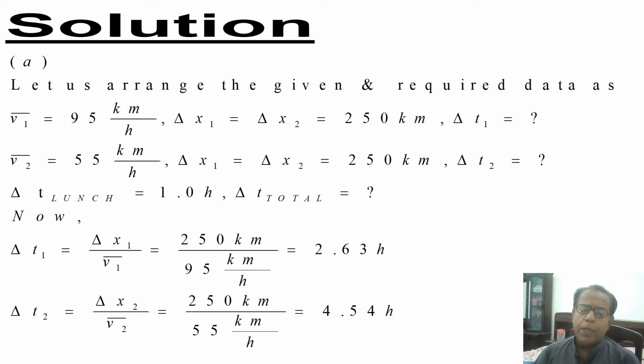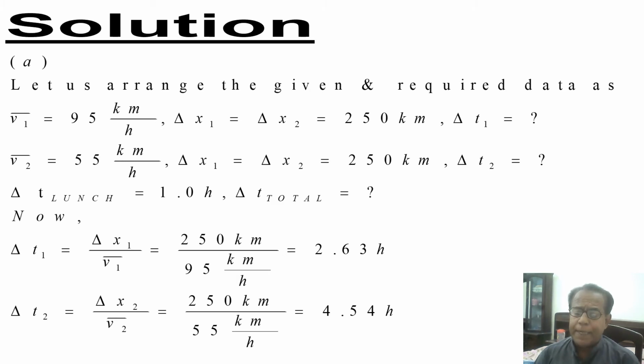Now using the very basic formula, we have delta t1 equal to delta x1 over v1 average. This alternatively becomes equal to 250 kilometers divided by 95 kilometers per hour.